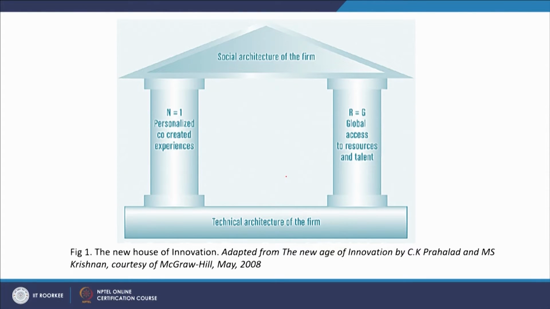You see, these two pillars, on the base of technical architecture of a firm, wherein one pillar, as I said, is n is equal to 1, which can be deciphered as personalized co-created experiences. The other pillar, r is equal to g, is global access to resources and talent. And these pillars, they support social architecture of the firm.